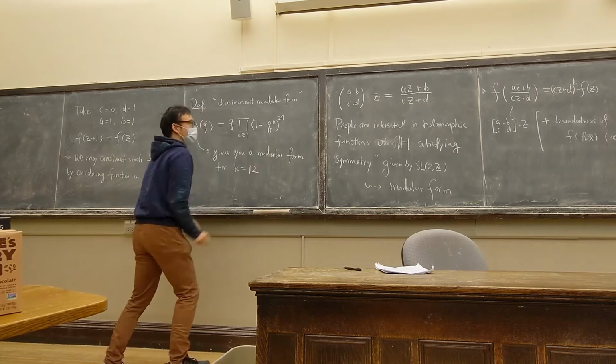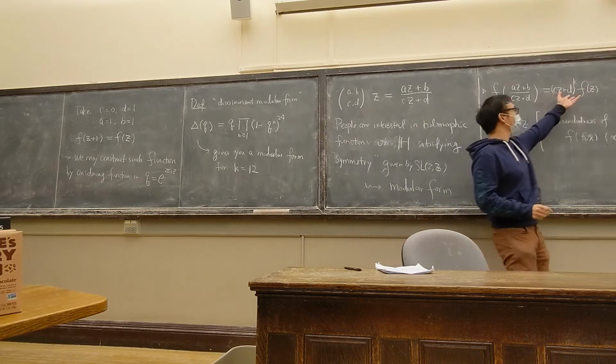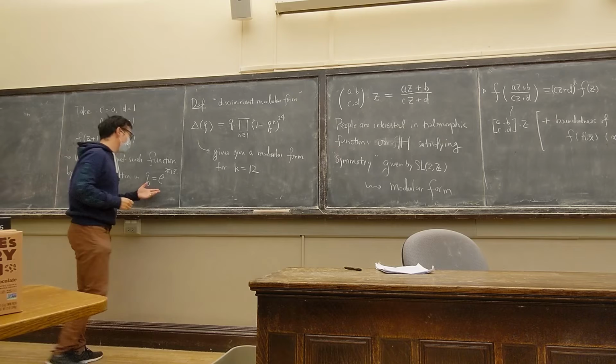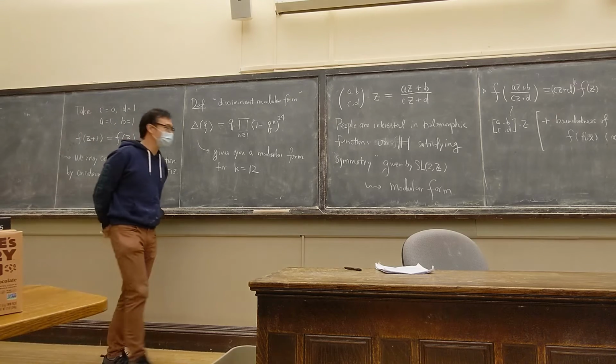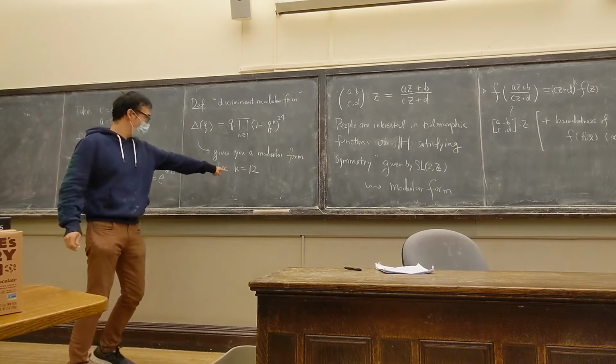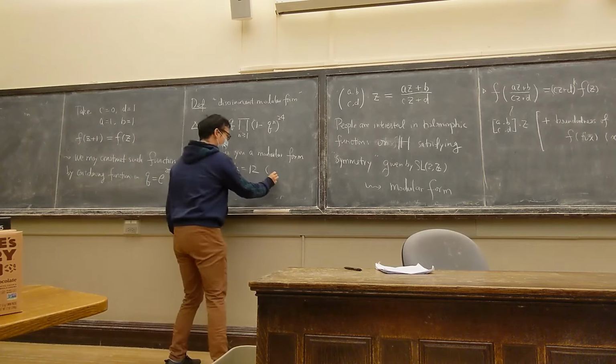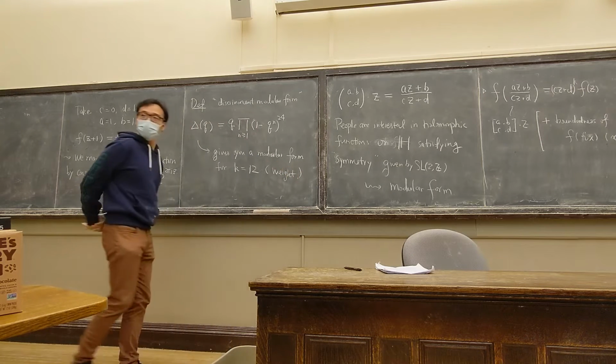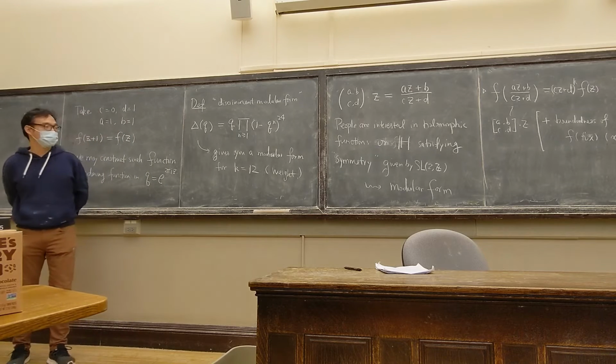So here you simply rely on the choice of k. I'm telling you, if you do this and plug in q equal to e to the power of 2 pi i z, then this is actually a modular form with k equal to 12. So this k is called a weight. In other words, this is a weight 12 modular form.